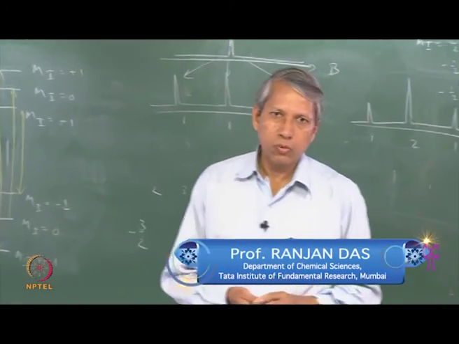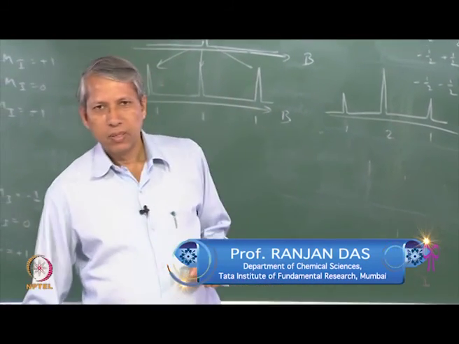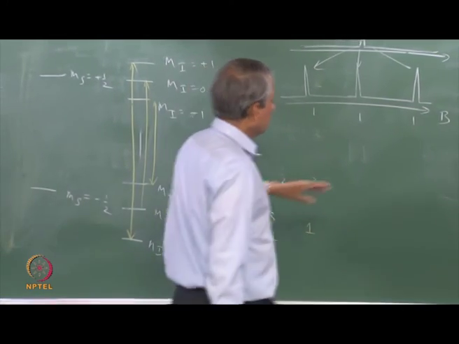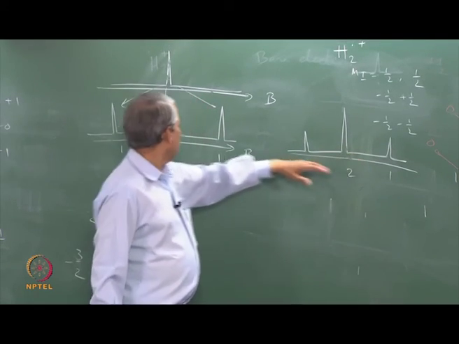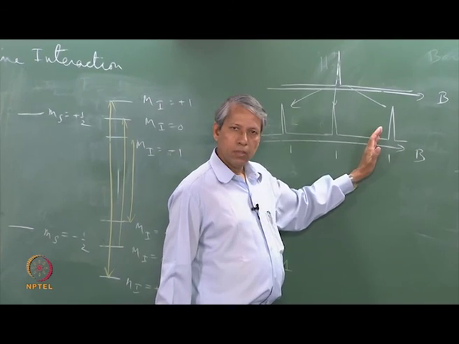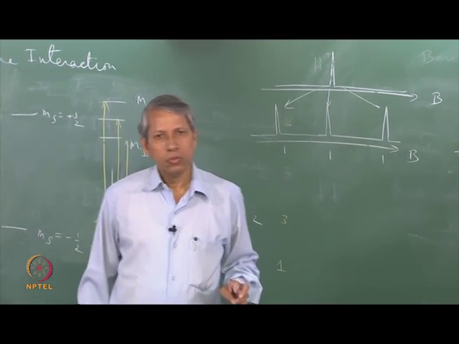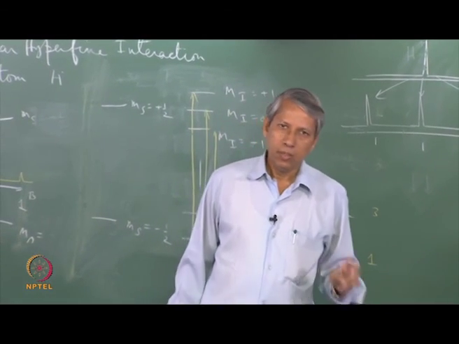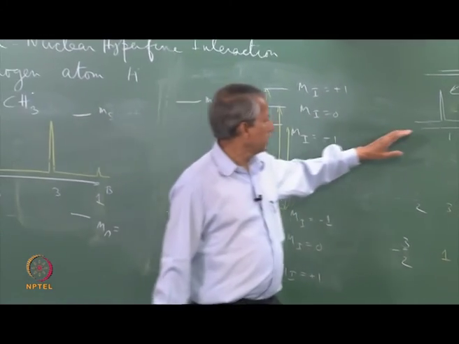I may not be able to say that it is coming from 2 protons if I do not know the chemical nature, but given this intensity ratio, they must come from 2 spin half nuclei. Similarly, if I see a pattern of this kind, 1:1:1, I can most certainly say that this comes from a nucleus whose spin is 1. It may be nitrogen 14, but unless I know the chemical nature, I will not be able to say that.